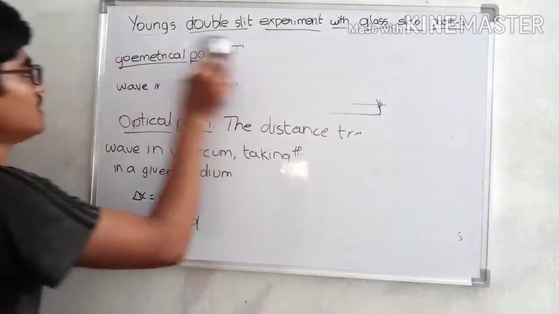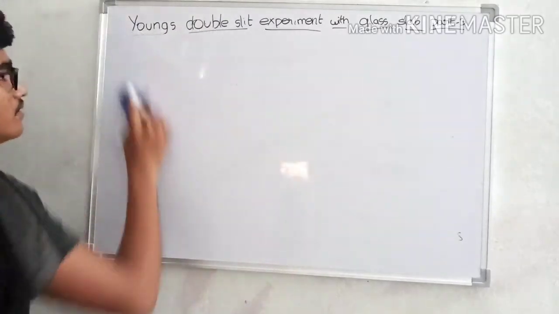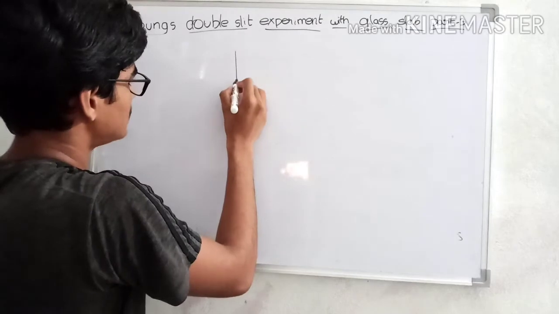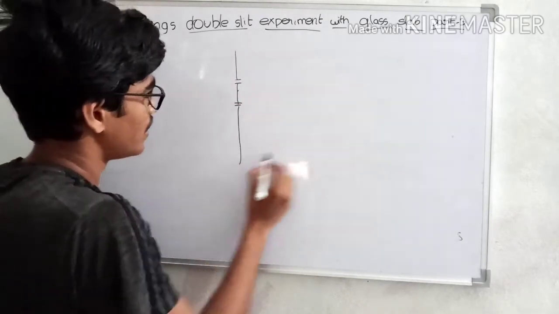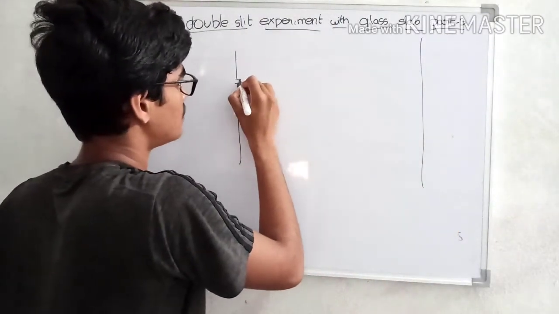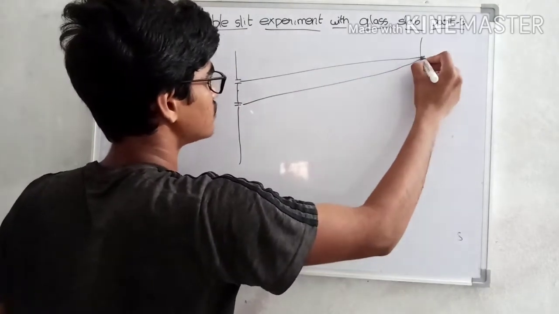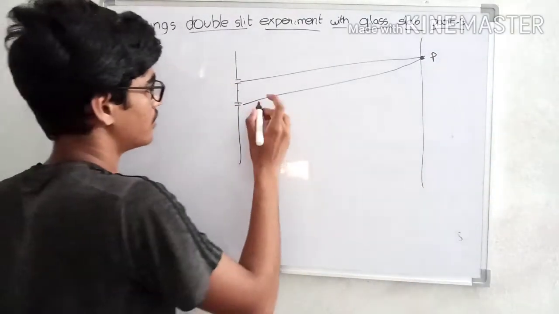Then consider Young's double slit experiment. Consider these are two slits and this is a screen placed in front of them. Where the two rays intersect, at this point either a maximum or a minimum is found.